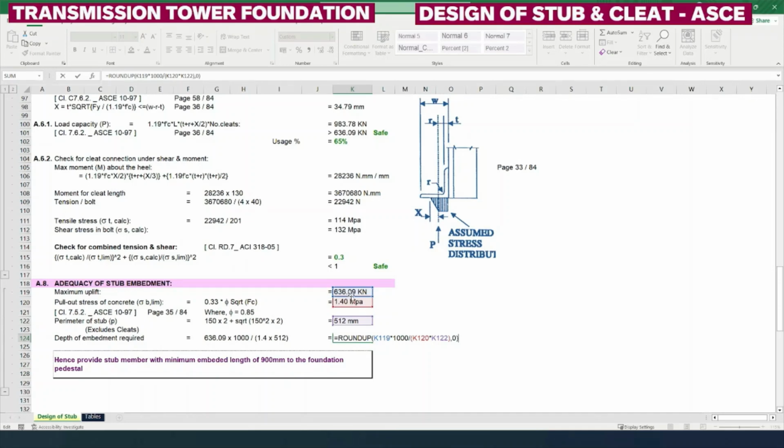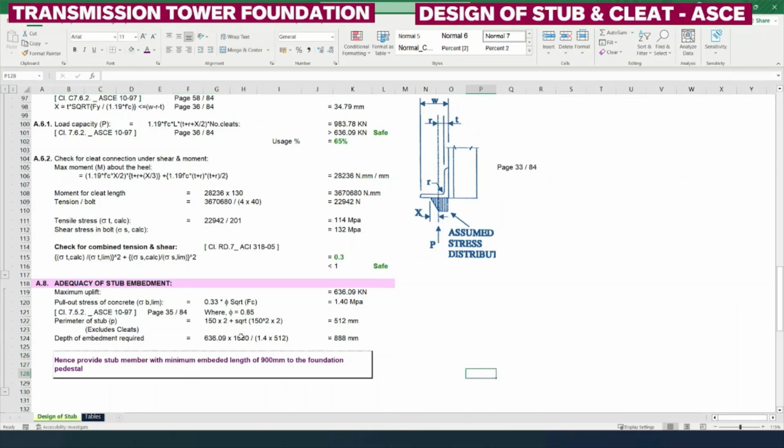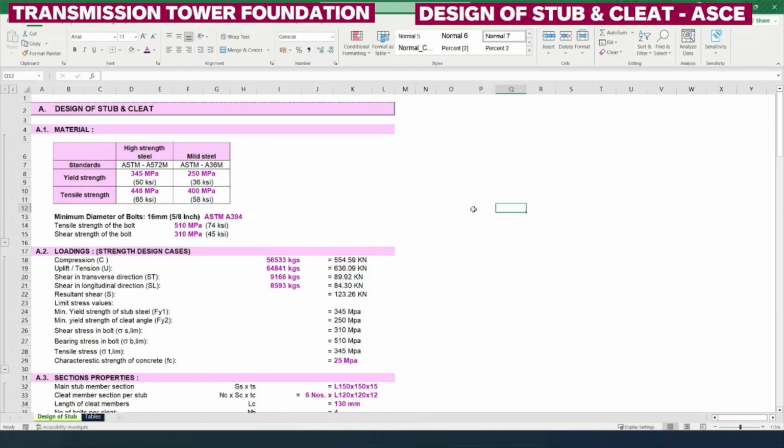So 636.09 into 1000 divided by 1.14 divided by 5112, we are getting 888 mm. So we can consider 900 mm as the minimum embedment length of the stub into the foundation pedestal. So these are all the steps. So finally we have designed our stub and cleat.